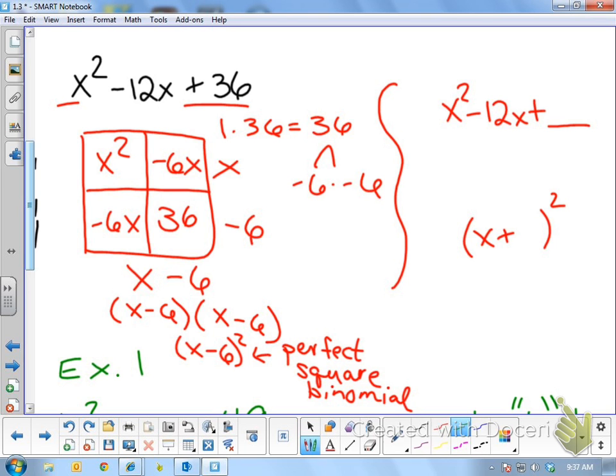Okay, but it has to be a little more specific than that. We're trying to find these two spots, looking at a pattern. We need something that adds to be negative 12, but specifically what kind? Because the only way we got this perfect square binomial was if these were the same.